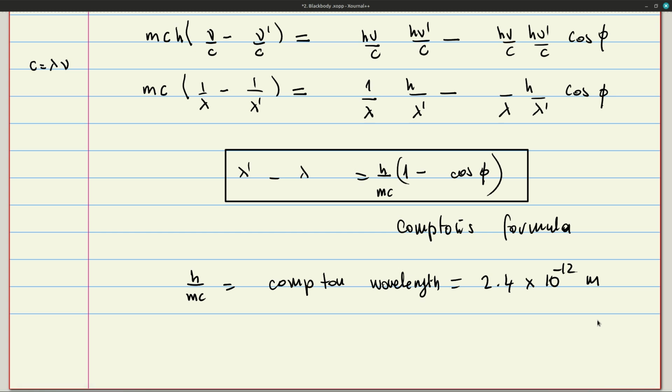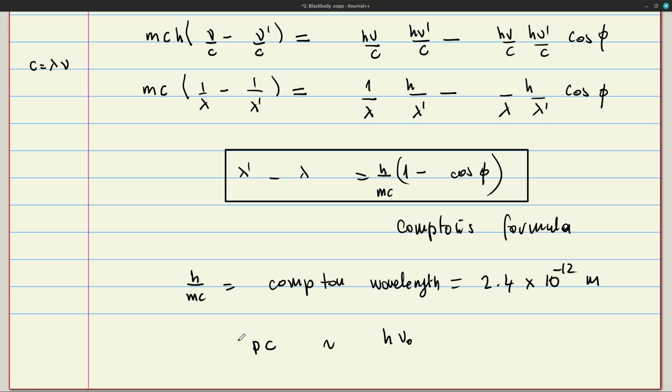Any questions? Yes. Can we use pc instead of h nu not? So there are two kinds of momentum: momentum of a particle with mass and momentum of a particle without mass.